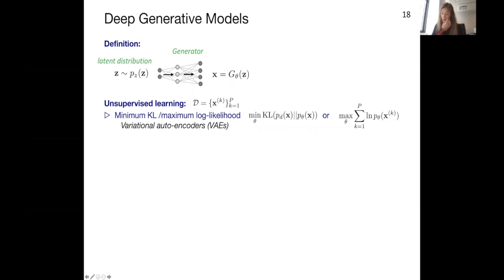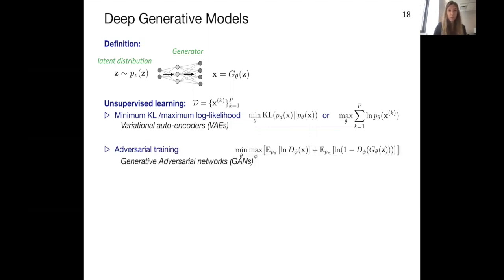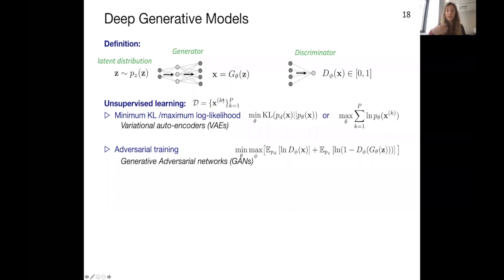And there is another paradigm that has brought some great improvements and that is quite different, which is called adversarial training. And that is for generative adversarial networks. In the adversarial training loss, there is some additional element, which is an adversary, a discriminator. The discriminator is another neural network that is meant to distinguish between samples drawn from the data distribution, so from the training sets, and samples actually coming from the generative models.